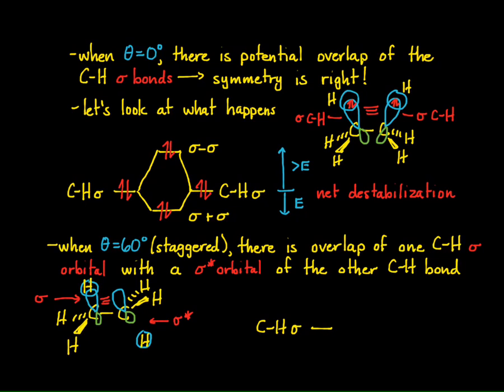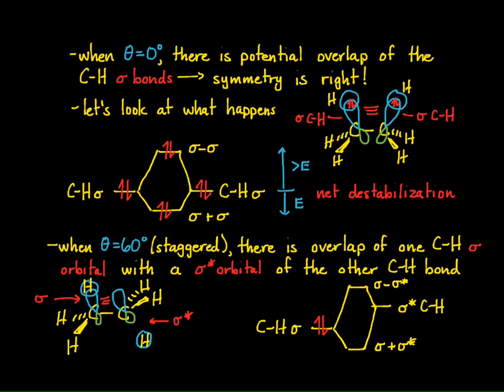Again, if we construct a molecular orbital diagram, we know that sigma bonds are actually lower in energy than sigma star bonds. But if they mix, what happens is we get a molecular bonding orbital, which is sigma plus sigma star, and an antibonding orbital, which would be sigma minus sigma star. Now, this is the key. The sigma bond has electrons in it, right? There are two electrons. The sigma star bond is empty, and so there are no electrons in that.